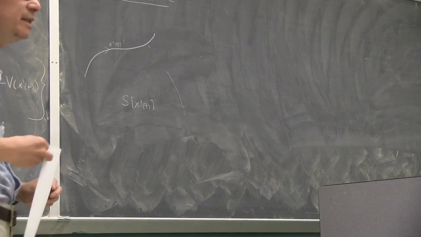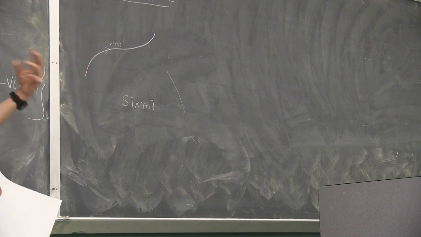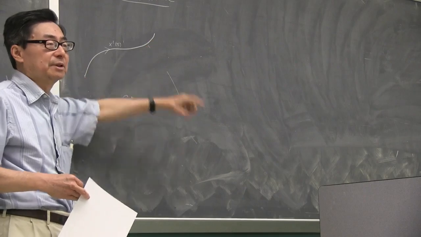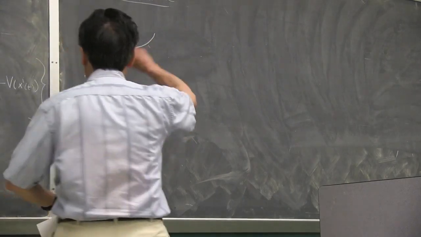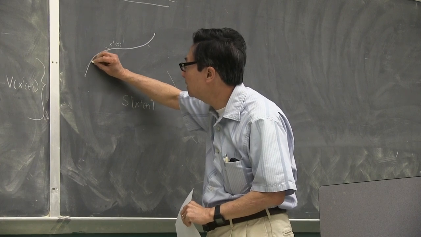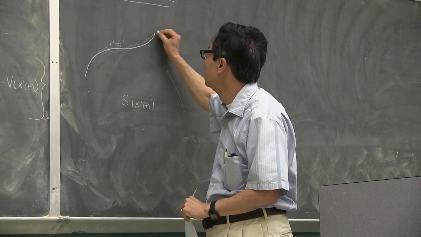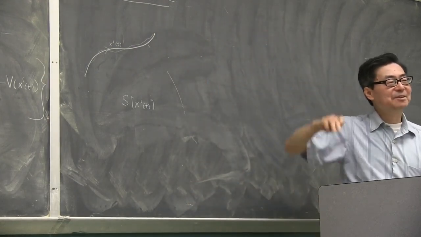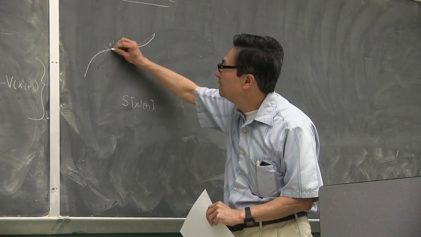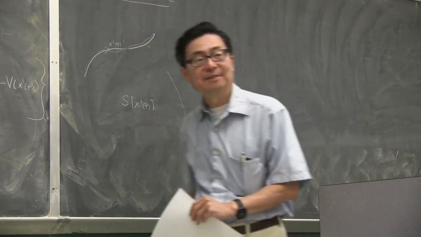Supposing I try to vary this path slightly, retaining the condition that the new varied path will also begin and end at the same point. So let me see if it makes sense to you. If I draw a new path to be something that's slightly different from the beginning path, maybe something like that. Okay? A new varied path, okay? Where at each point it differs from the original path, but slightly, just slightly. Okay?